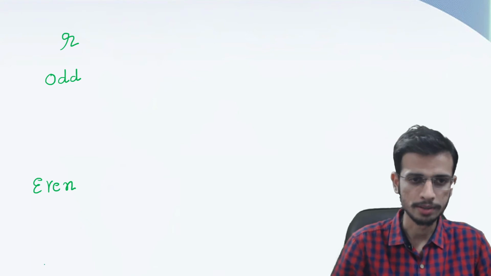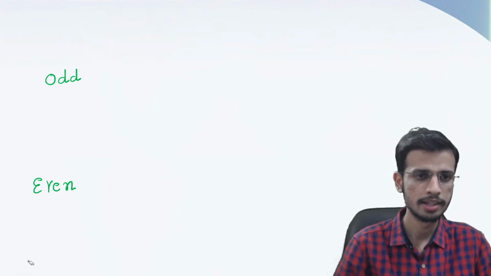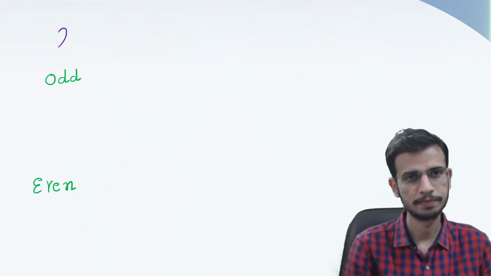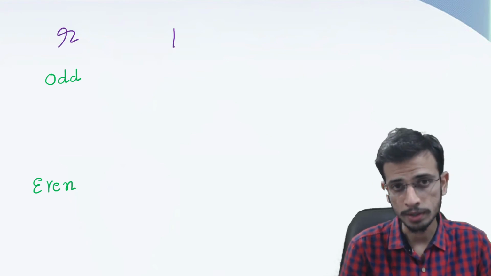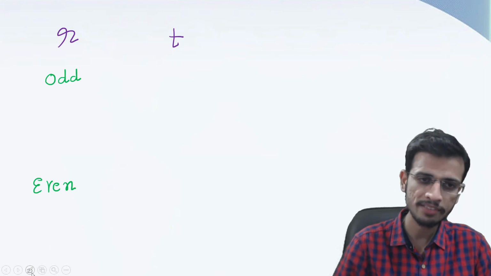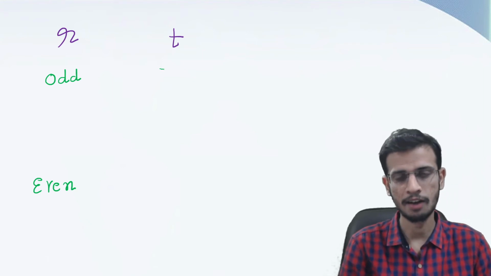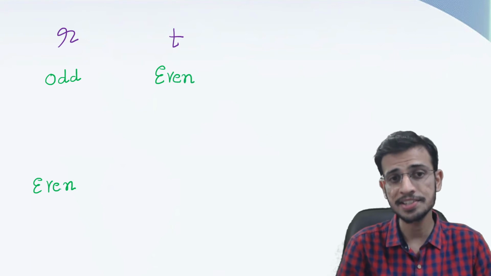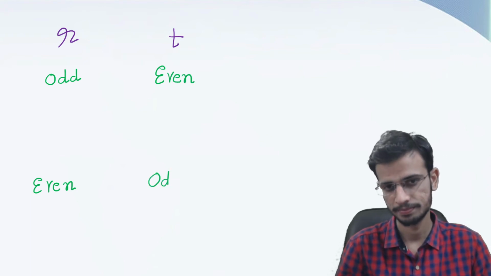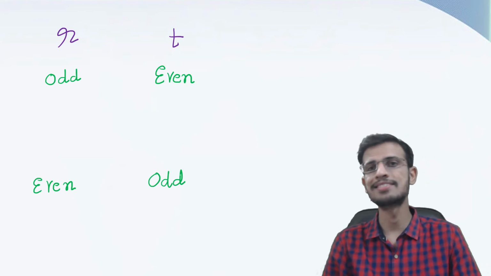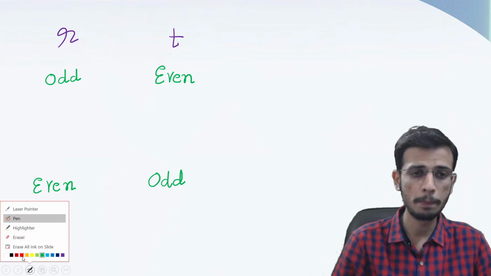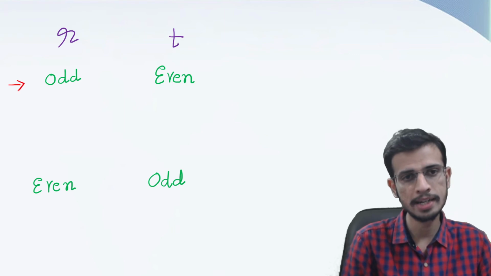If R is odd, then T will be even only. After every odd number, there will be an even number. And if R is even, then T will be odd. We are going to use the odd-even concept. So these are 2 major possible cases: odd-even and even-odd.